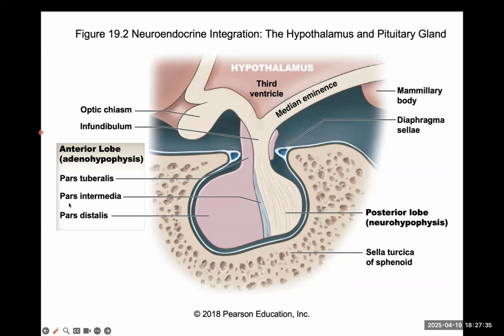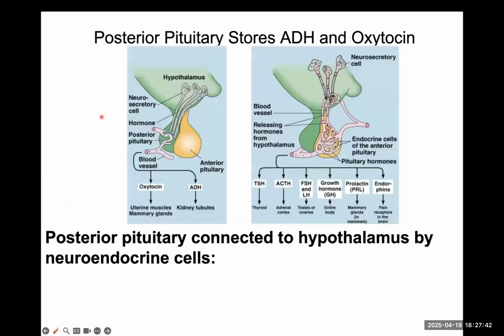Okay. So there are two parts, anterior and posterior. First, let's talk about the posterior pituitary. It's going to show here that this is connected to the hypothalamus. That's the hypothalamus, and it's going to have these neuroendocrine cells, so neurosecretory cells, that are connected here. And that's what you're seeing.